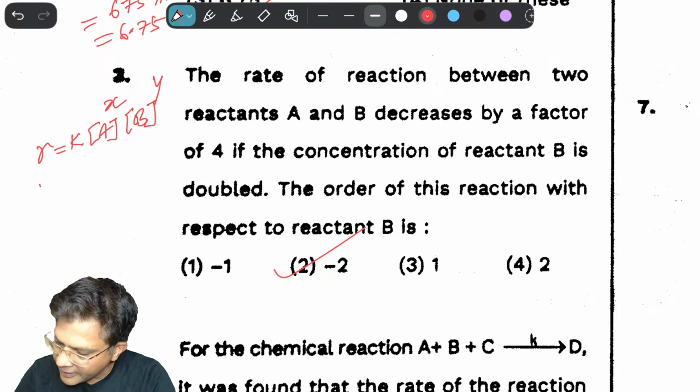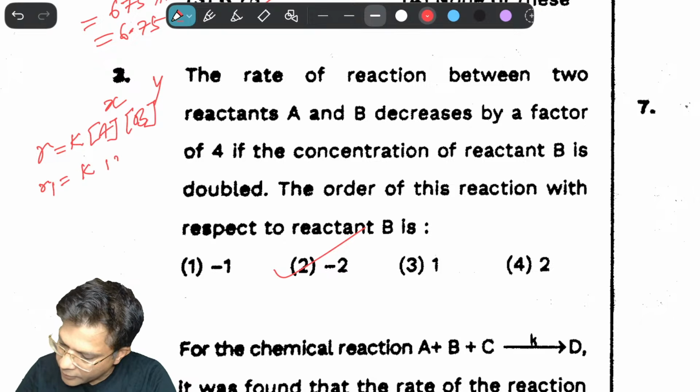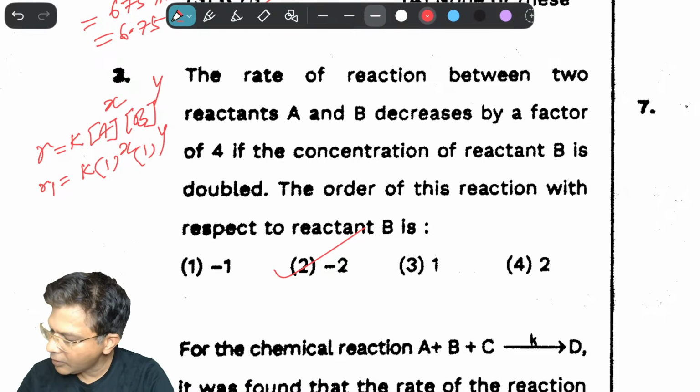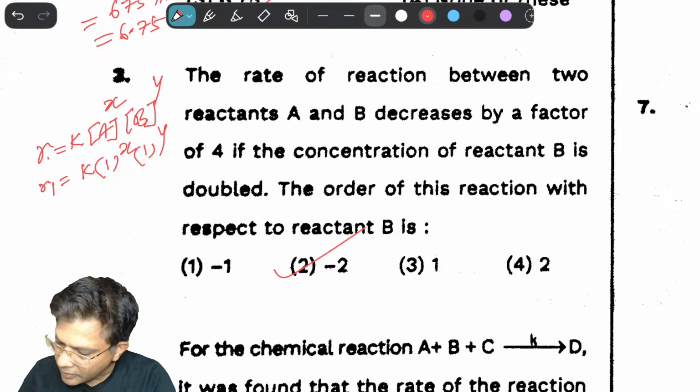In the starting I can say R1 is equal to K, 1 to the power X and 1 to the power Y. Now what they are saying: the rate of reaction between A and B decreases by a factor of 4. That means R1 and R2.